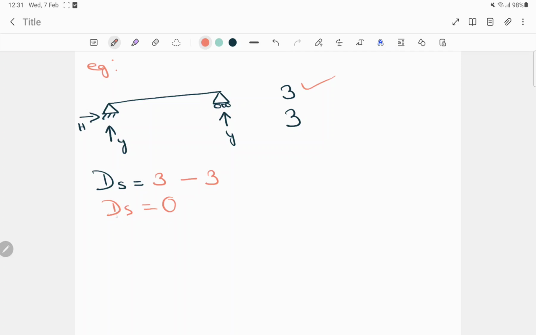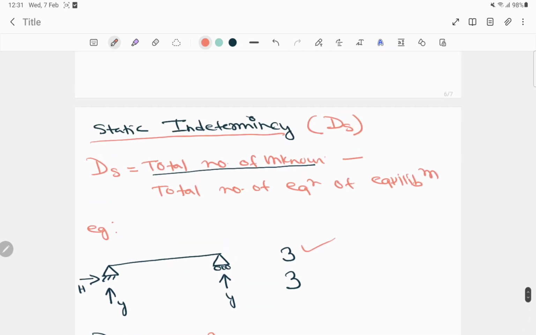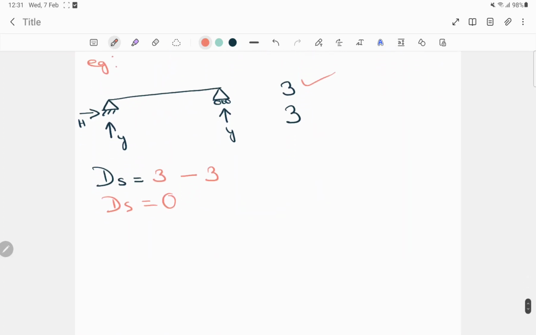So the degree of static indeterminacy for a simply supported beam is ds equal to 0.